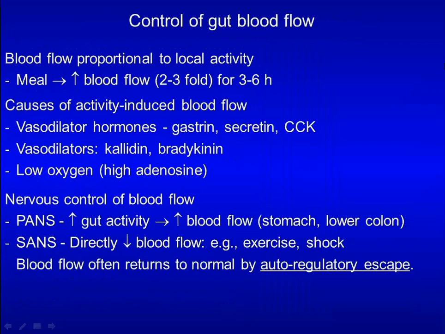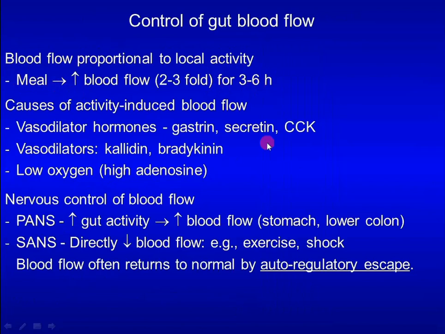Under normal conditions, blood flow in each area of the gastrointestinal tract is proportional to local activity. After a meal, for example, blood flow to the gastrointestinal tract can increase 2 to 3-fold for 3 to 6 hours.